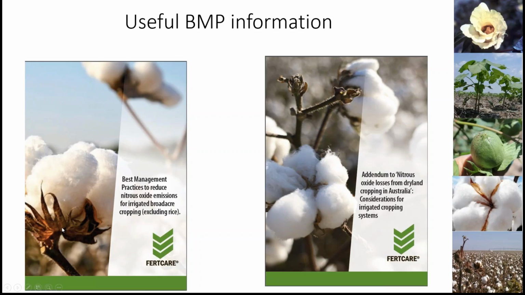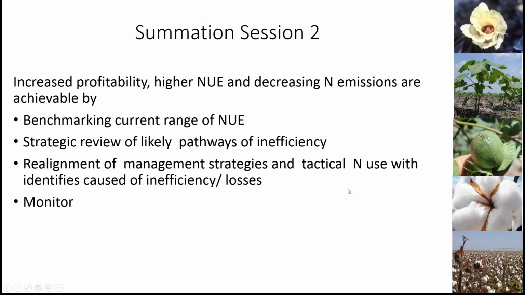That's a simple blow-by-blow description of the types of decisions around the 4 R's: the product, placement, timing, and method. There's also a more detailed document looking at the process of loss and considering how that might happen in irrigation, for people who want to read more deeply about the underlying loss processes.